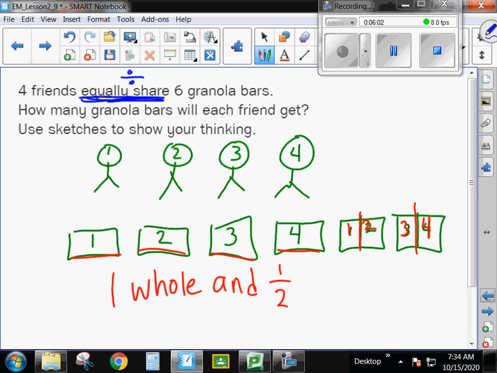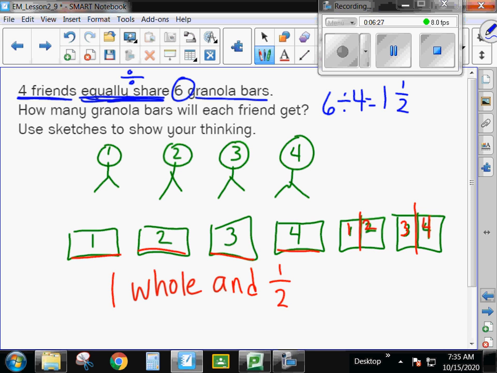I'm dividing up granola bars, right? So I have 6 granola bars. That's what I'm going to start with, 6. And I'm going to divide them. How am I dividing them? I'm dividing them up with my 4 friends. So I'm going to say 6 divided by 4 equals, now in this problem, what was my answer? My answer was 1 1/2.